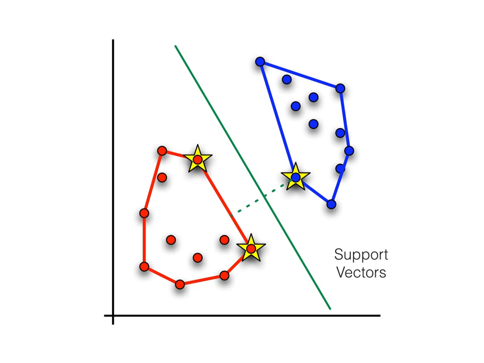So you can see here, we've got our convex hulls. The dotted line goes across the margin, and the starred data points are the ones at the minimum distance to the hyperplane. In this case we have 3, and they're called the support vectors.